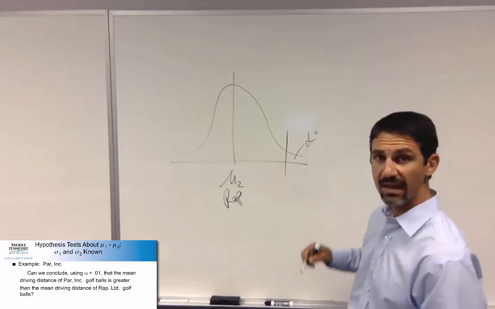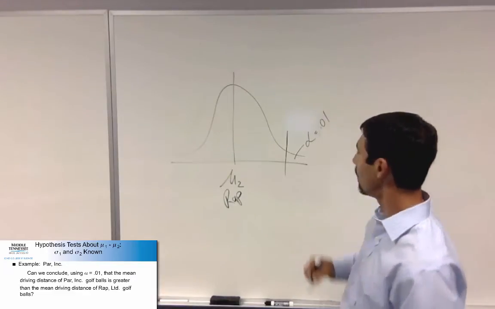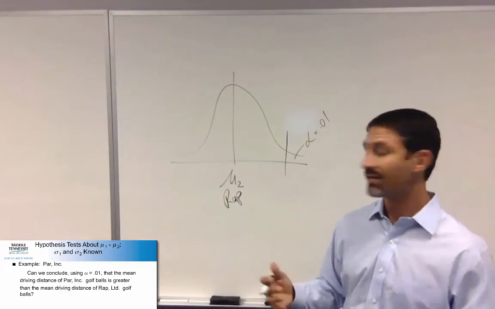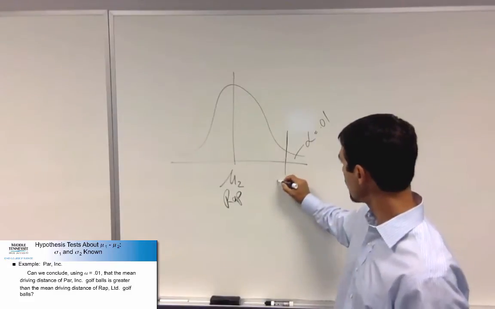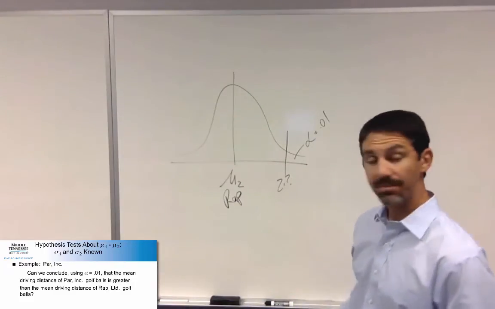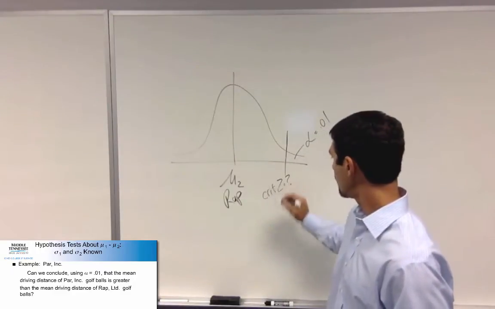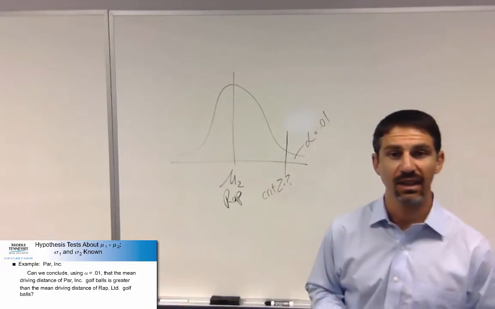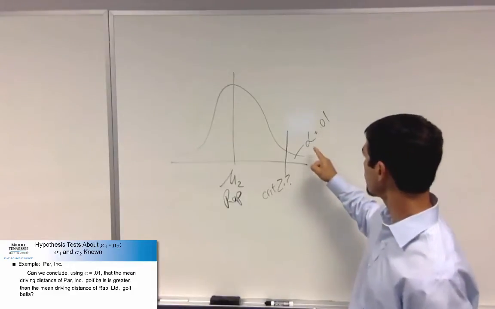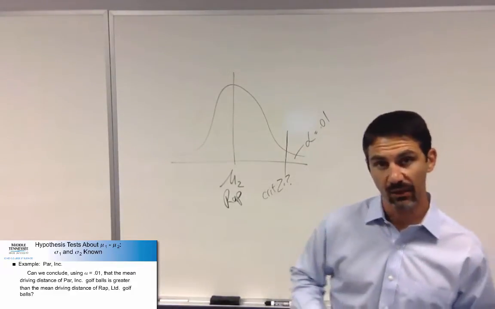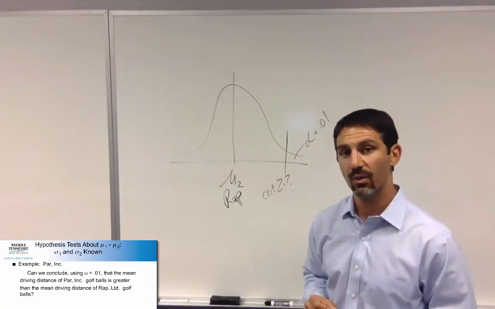The significance level in this case is 0.01. And then we have to know what the z-score would be at this point for the critical value. And we can look at that in terms of calculated, and more importantly, do we have a p-value that is less than 0.01?